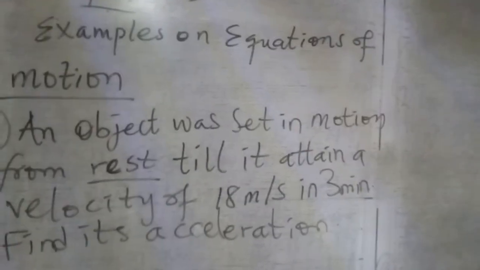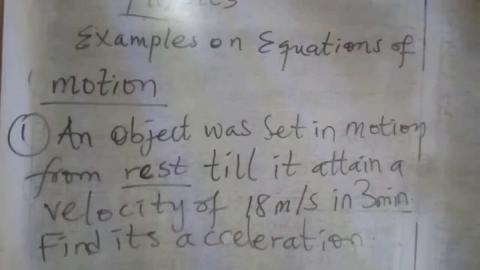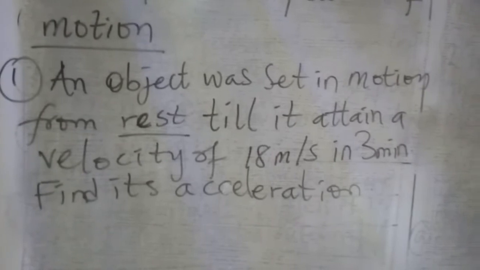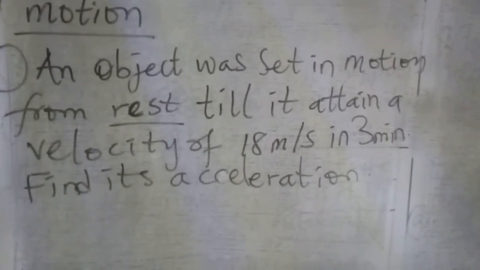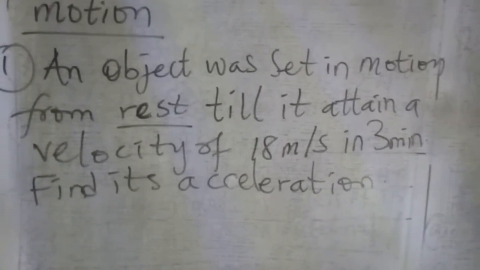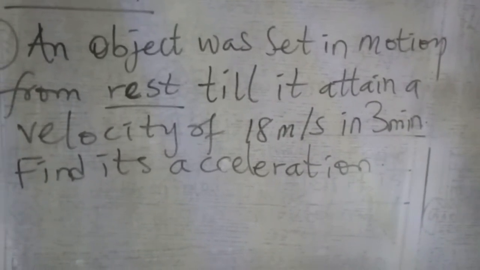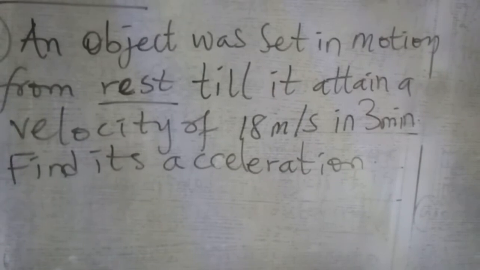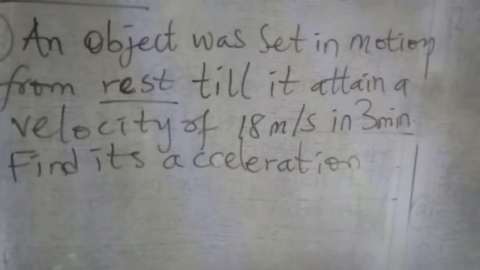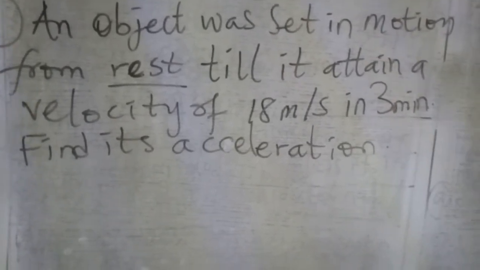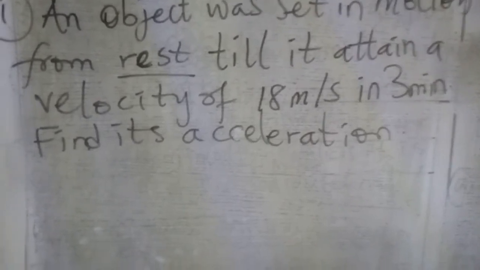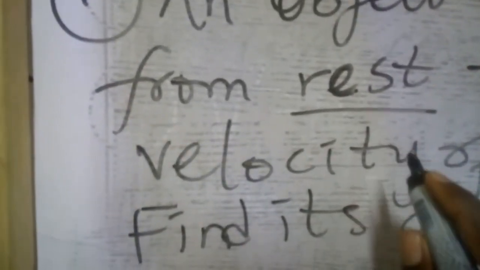Now we are on to examples on equations of motion. Example 1: an object was set in motion from rest till it attains a velocity of 18 meters per second in 3 minutes. Find its acceleration. Take note, whenever you see from rest, it means it was not moving before.